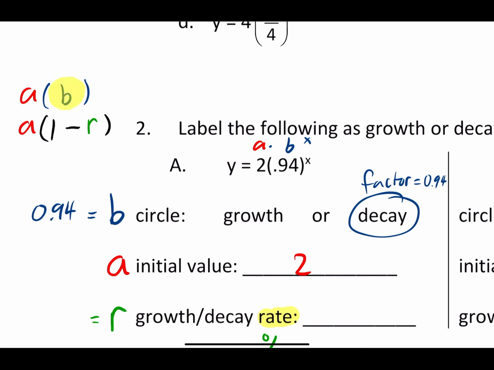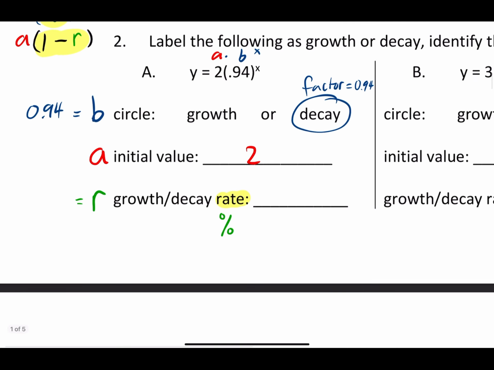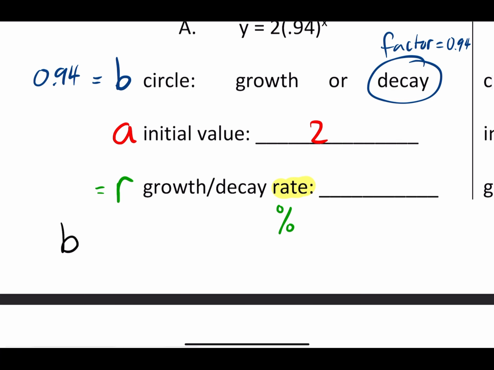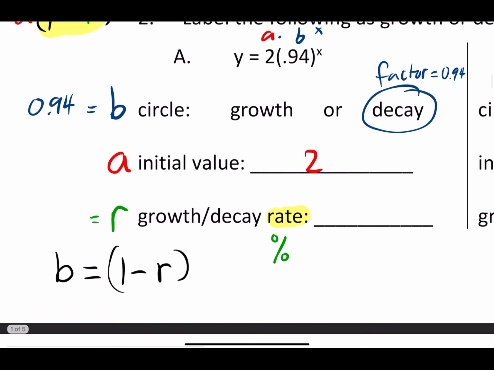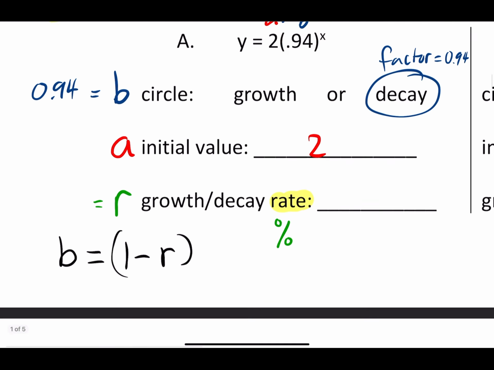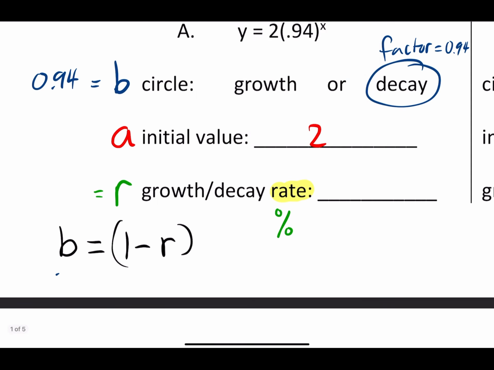Depending on the situation, b is b, if we're given double, triple, or half, or it's a percentage, 1 minus some value r, but they represent the same object. So b could be said to equal 1 minus r. They're the same thing. Once you resolve 1 minus whatever this percentage is, you'll have b. We'll have 0.94. So the question is, what is the percentage that created it?